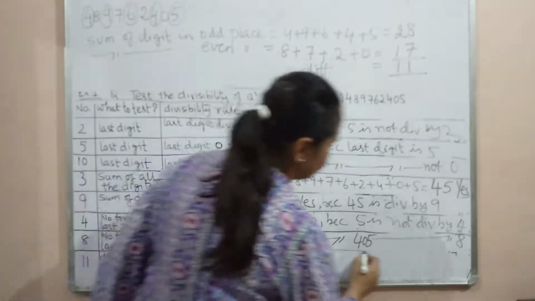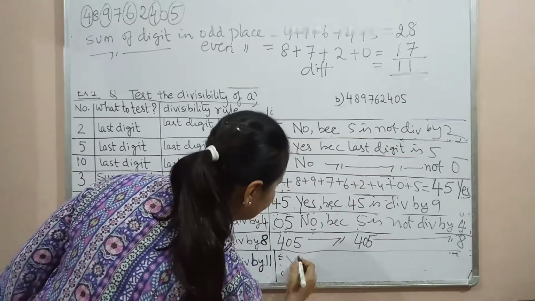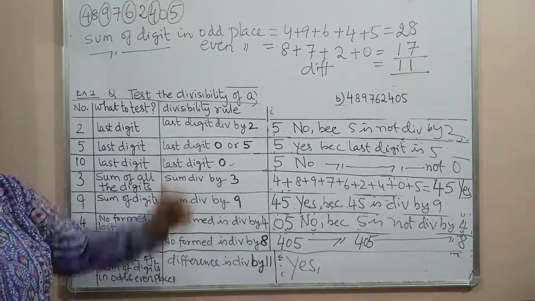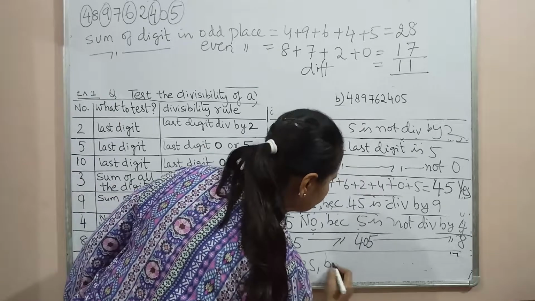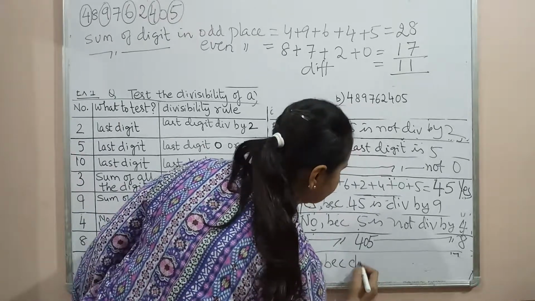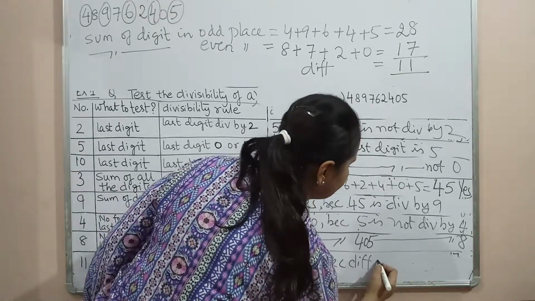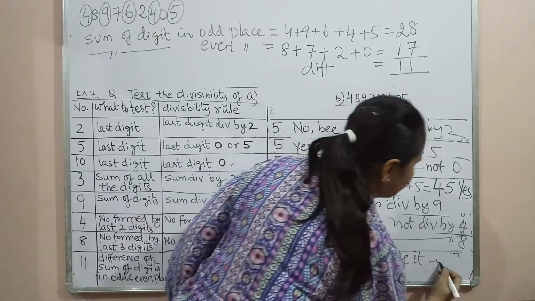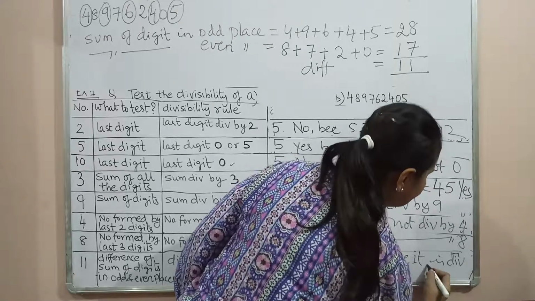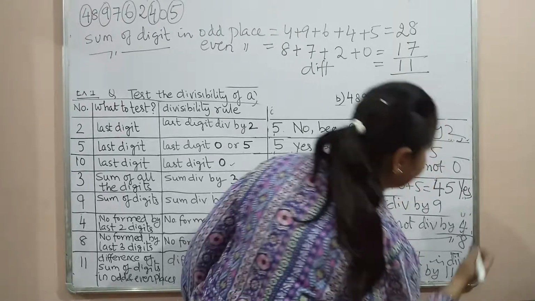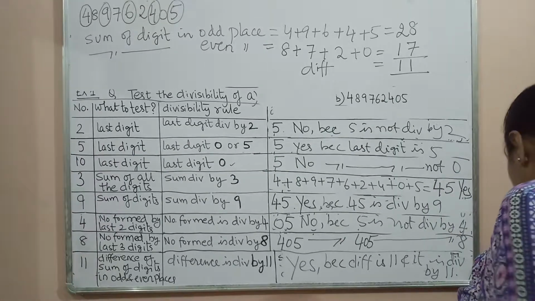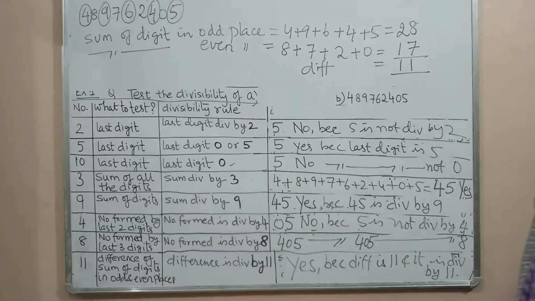The result is yes. Is it divisible by 11? Yes, because the difference is 11 and it is divisible by 11. So this is all. Now next time we will take up the next topic, that is how to find out LCM and HCF.